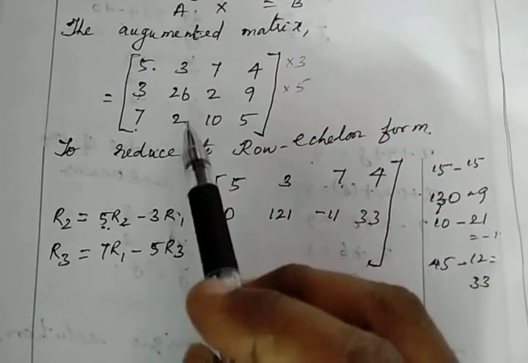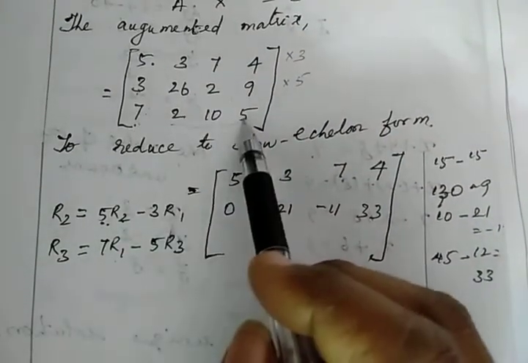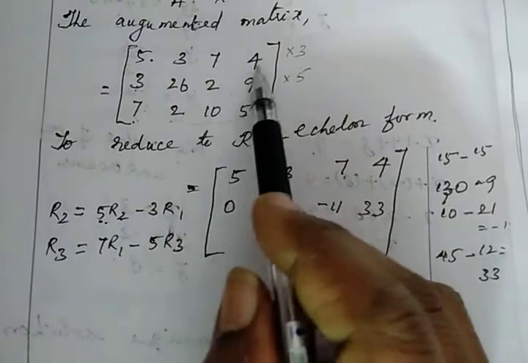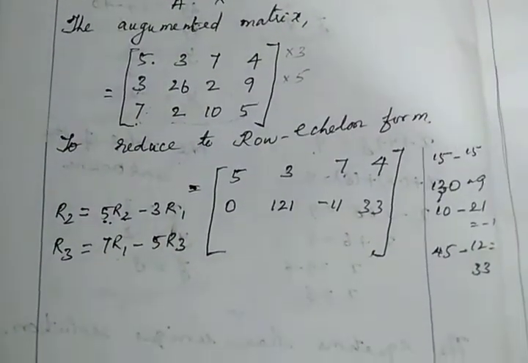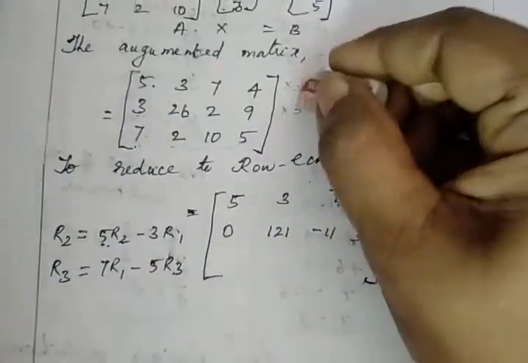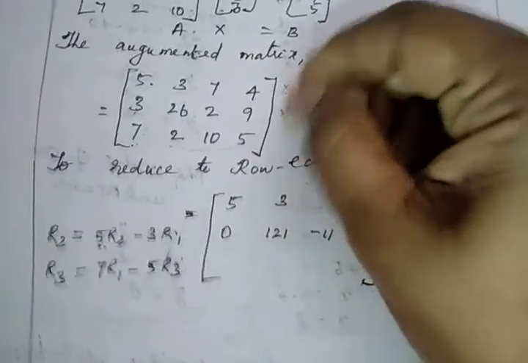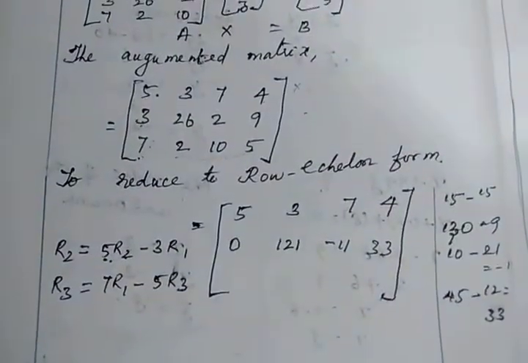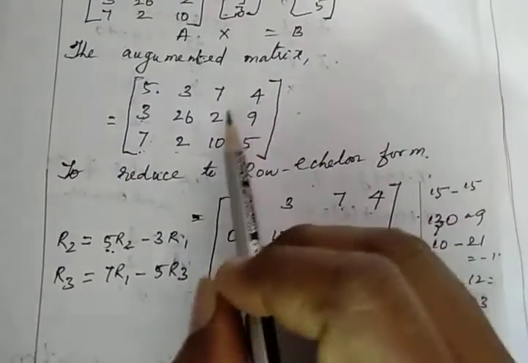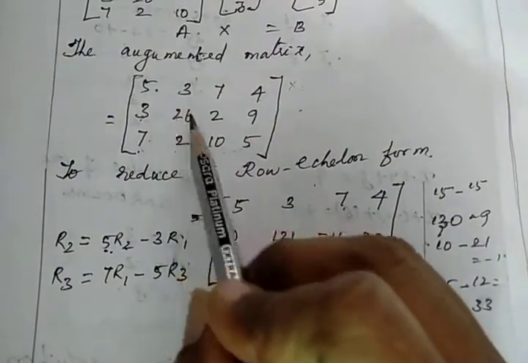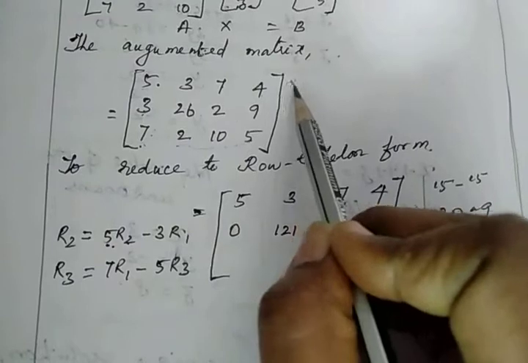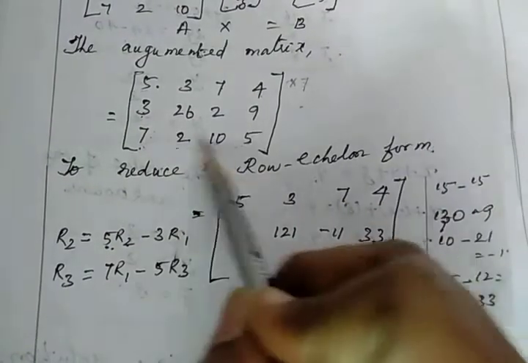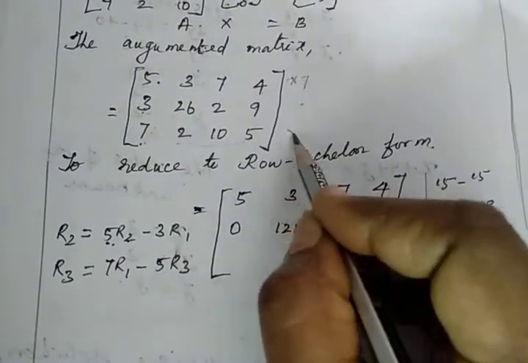Now you have to multiply this row by 7 and this row by 5. You can write here in pencil. You can erase whatever you have done the first time and write this row 7 into R1 and this row you have to multiply by 5 into R3.